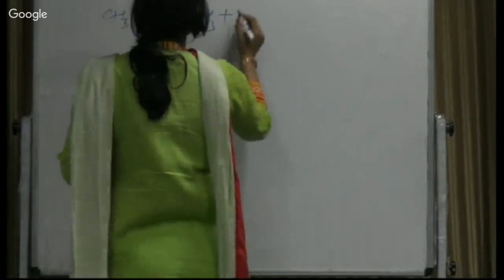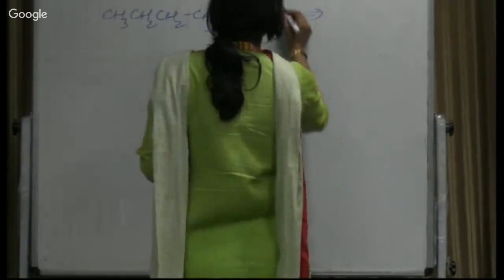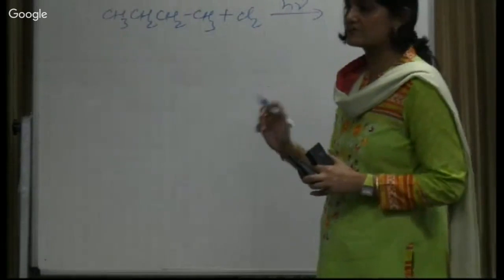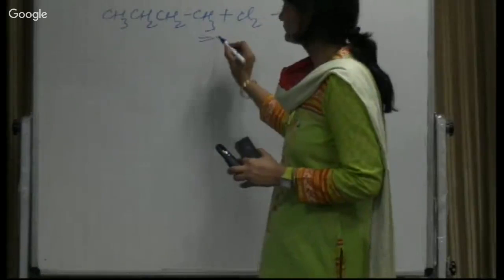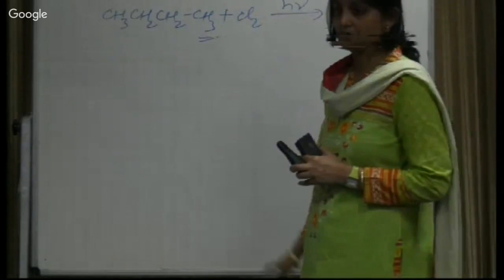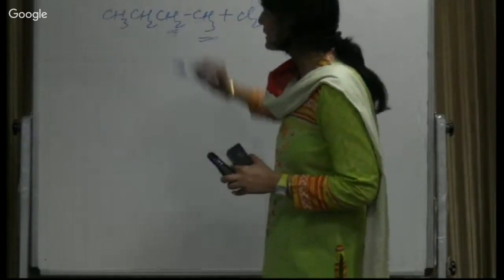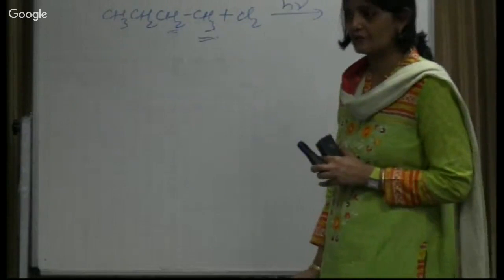Now here I have taken the case of normal butane. Now you can see that there are two different types of hydrogens which are present here. One is the hydrogen attached to the primary carbon, and the other type of hydrogens are the hydrogens which are attached to the secondary carbon. Okay?